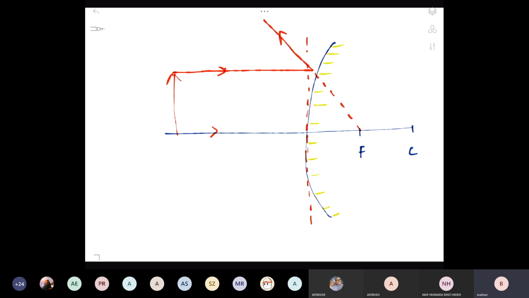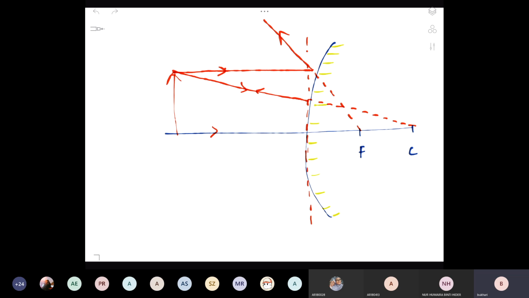If the light is traveling towards C. Okay, travel towards C. Okay, now the light is pointing towards C. And then it will be reflected on the same line.